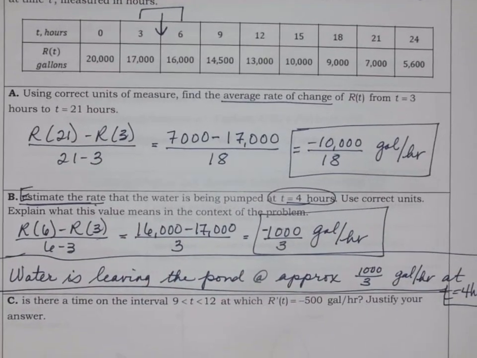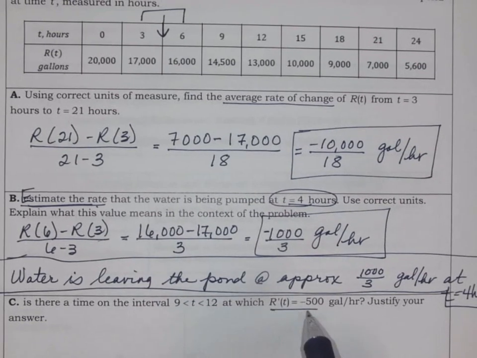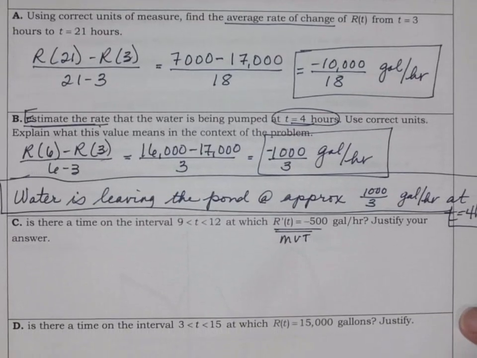Okay, is there a time on the interval from 9 to 12 at which R prime of t is equal to negative 500? Justify your answers. So again, this is R prime of t, so that's going to be MVT.